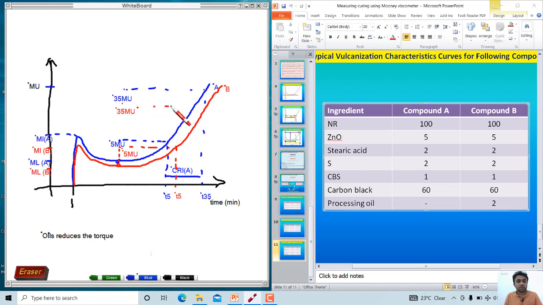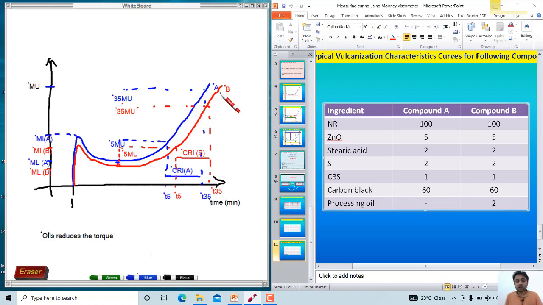You have to come to the curve, then note the T35 of that compound. So this difference is the CRI of compound B. Likewise, we plot these curves, and if there is something different in CRI values or rates, we can interpret them based on the compound properties.